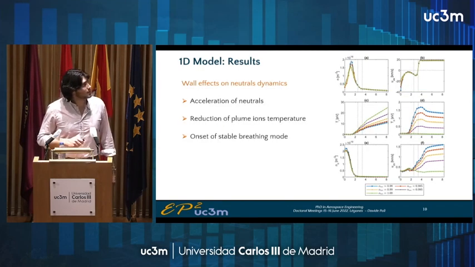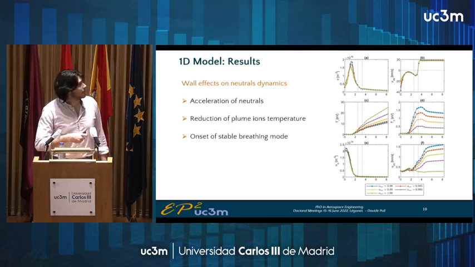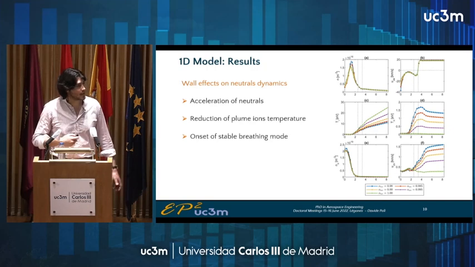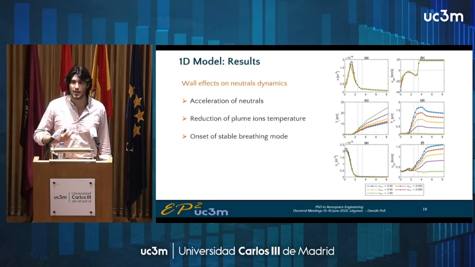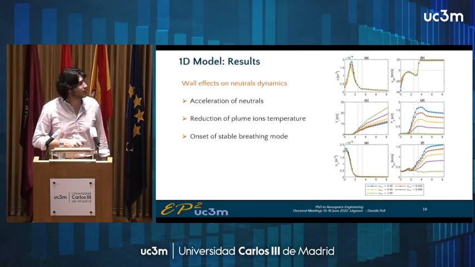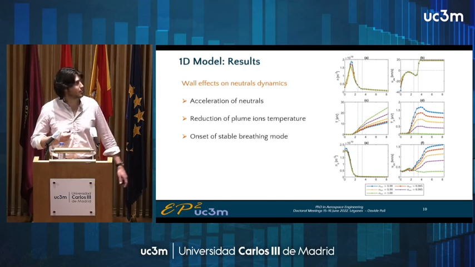Some interesting results we obtained regarding the neutrals. In particular, we've seen that introducing energy to the neutrals, accounting for these ions that recombine at the wall, has an impact on the stationary solution, as you can see on the right. With higher energy input, we can see higher velocity, higher neutral temperature, lower temperature of ions in the plume, and so on.